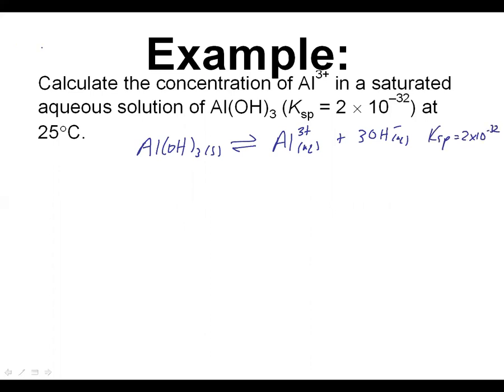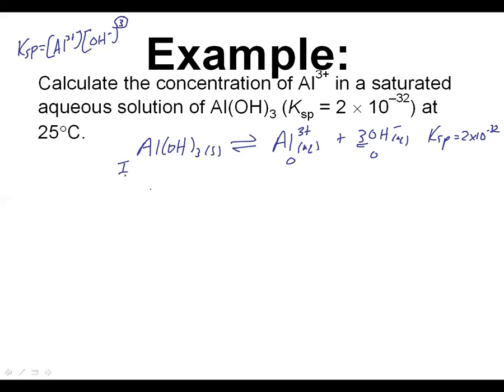Our Ksp expression is going to be our product. So that's going to be the aluminum times our hydroxide. Again, here we want to make sure that we do cube it because of the coefficient that we see here in the equation. So initially here, again, we're going to ignore our reactant side, which has our solid. We're going to zero out our product side there.